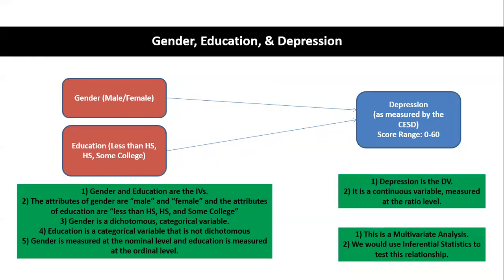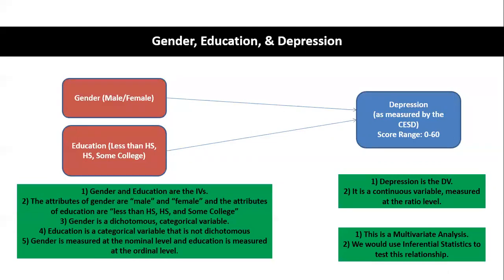Now in this scenario, gender and education are the independent variables. The attributes of gender are male and female, and the attributes of education are less than high school, high school, and some college. Gender is a dichotomous, categorical variable. Education is a categorical variable, however, it is not dichotomous because it has 3 categories.